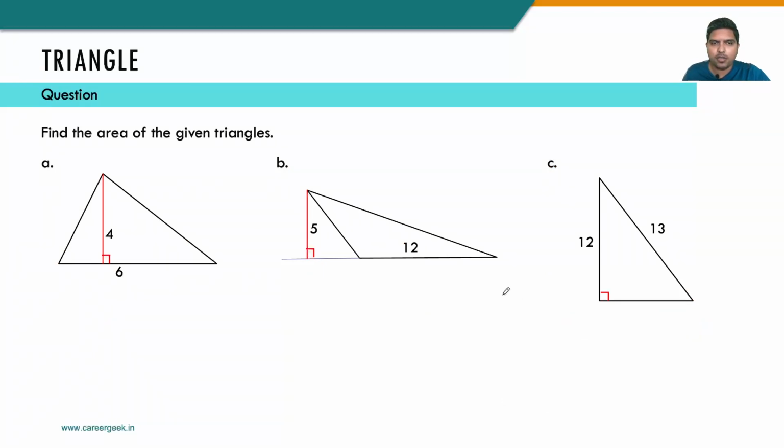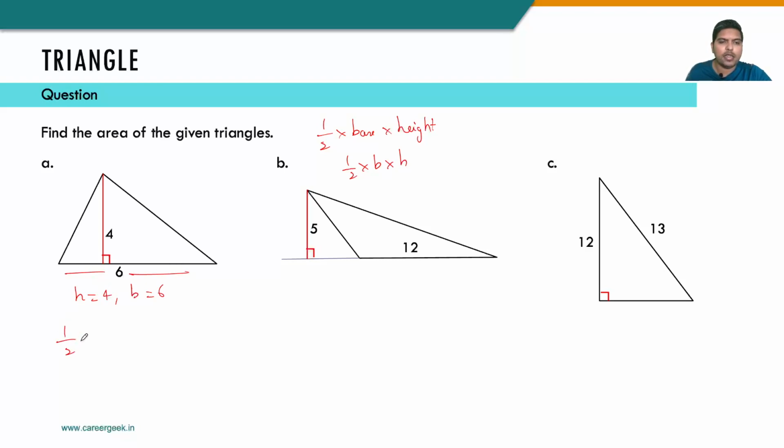We'll solve this question. Area of the given triangles. Area formula is half multiplied by base multiplied by height. So base, let me take as b and height as h. So in this question, what is the height? 4. And what is the base? 6.